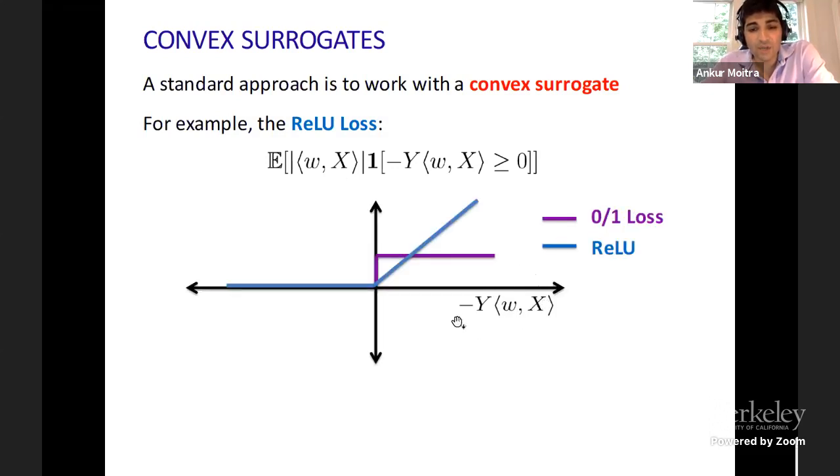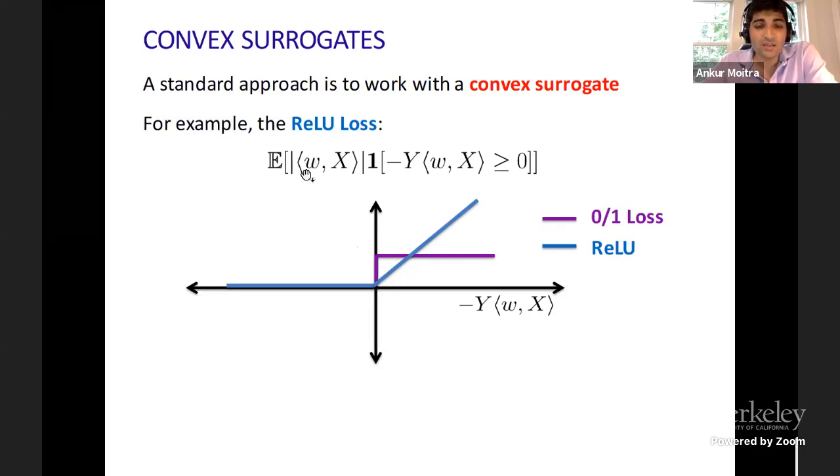We apply this function where we map them to minus Y times the inner product of W and X, and they land somewhere along this real line. And now what does the ReLU loss pay? Well, anytime it's negative, that indicator function is turned off, so you pay nothing. But the key point is that when it's positive, what you pay isn't always the fixed value 1. Instead, it's just a line of slope 1.